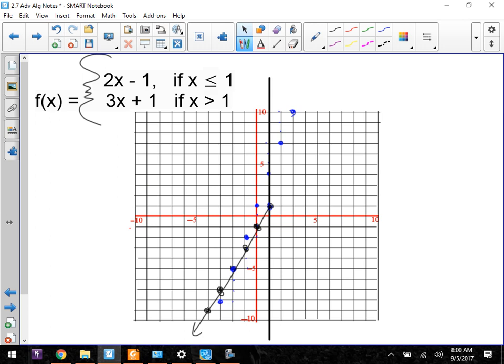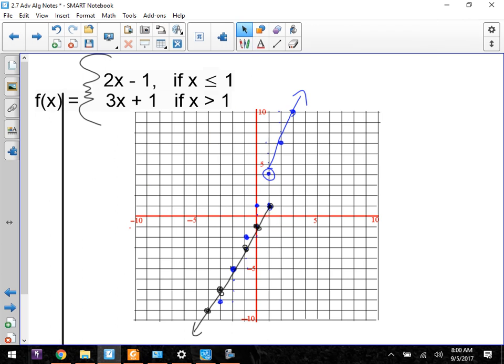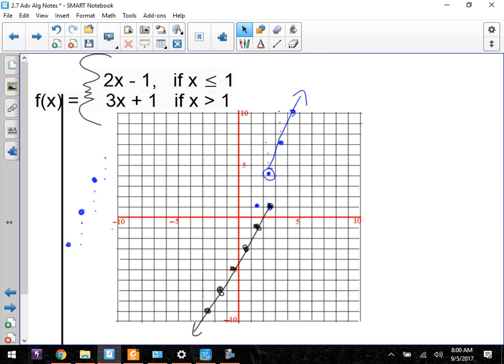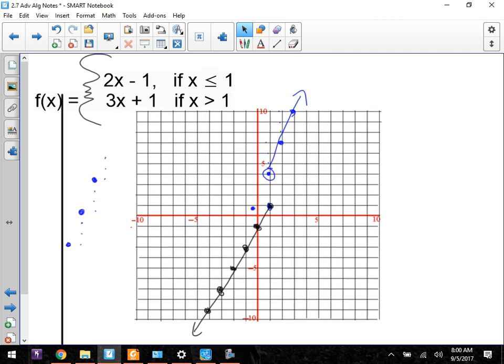And then the blue one was when it was greater than 1, and it's going to the right then. I changed that one to an open circle. Now if I move this out of the way, you can kind of see. See how it jumps? It just means it jumps.